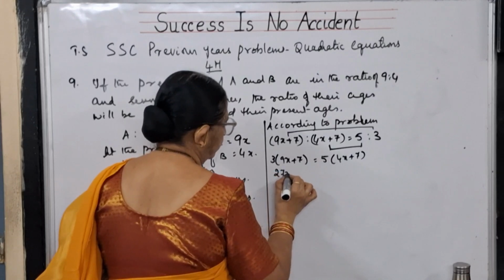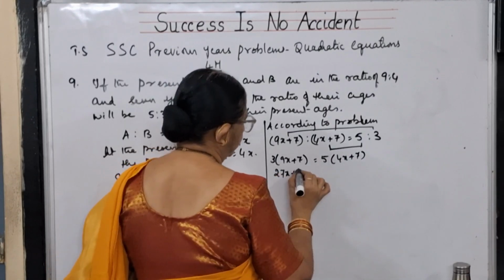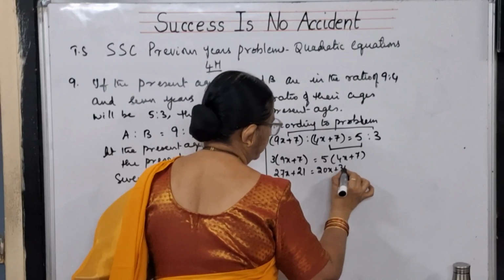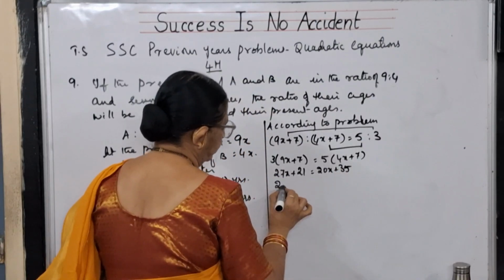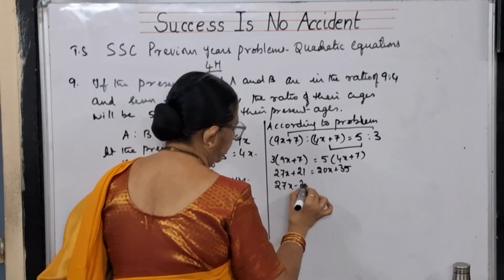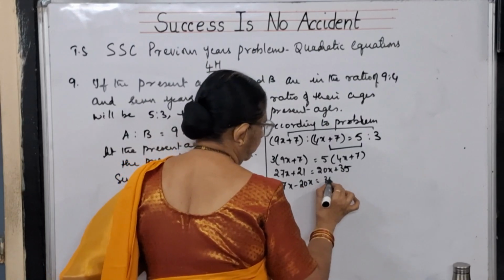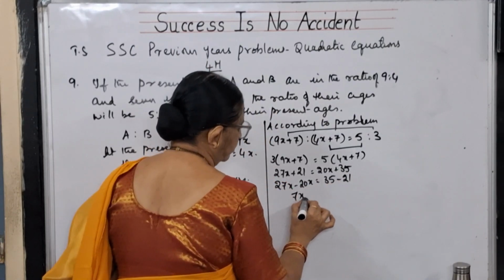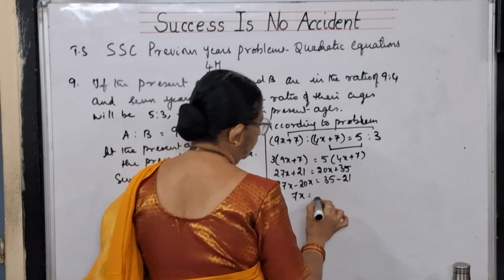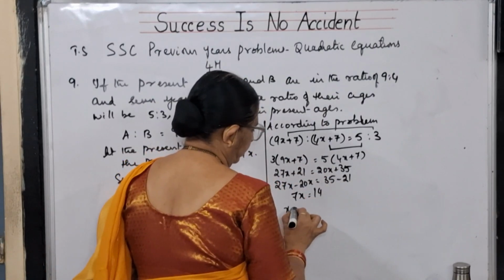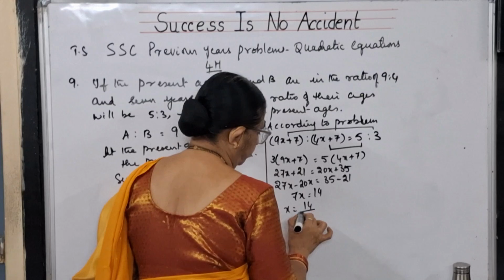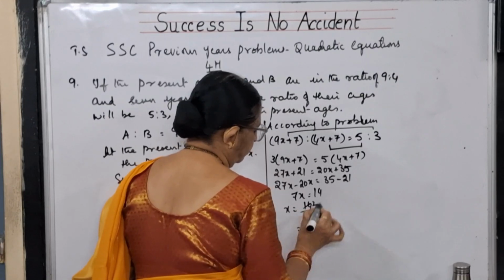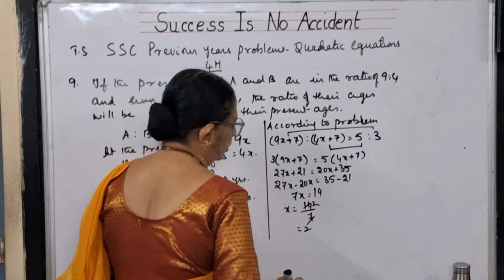That is 27x plus 21 is equal to 20x plus 35. So 27x minus 20x is equal to 35 minus 21. 7x is equal to 14. So x is equal to 14 by 7, that is x is equal to 2.